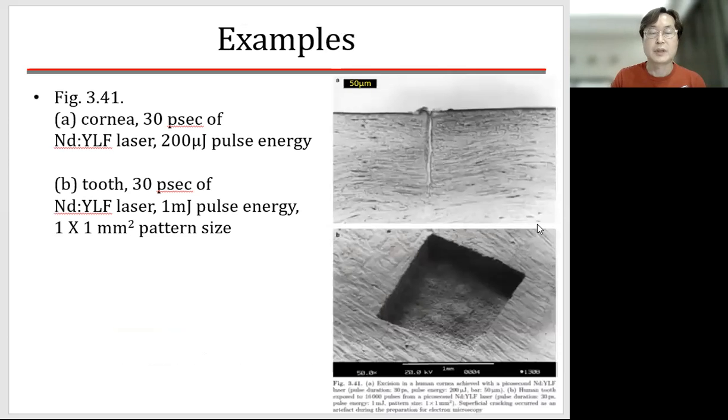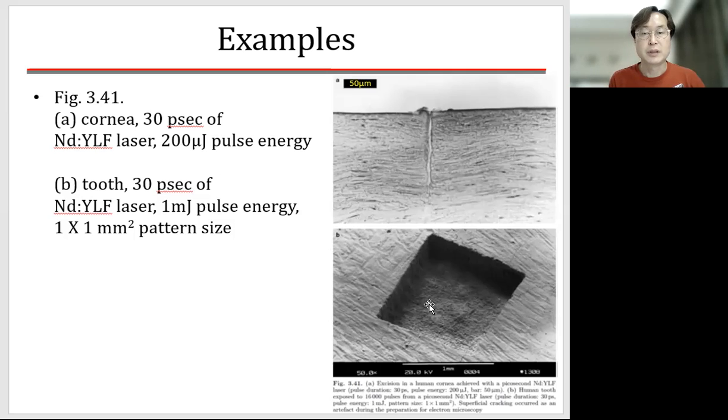Okay. So here are examples of the plasma-induced ablation. Here, the top is showing the cross-section of the cornea when the laser had a 30 picosecond pulse and the pulse energy was 200 microjoule.